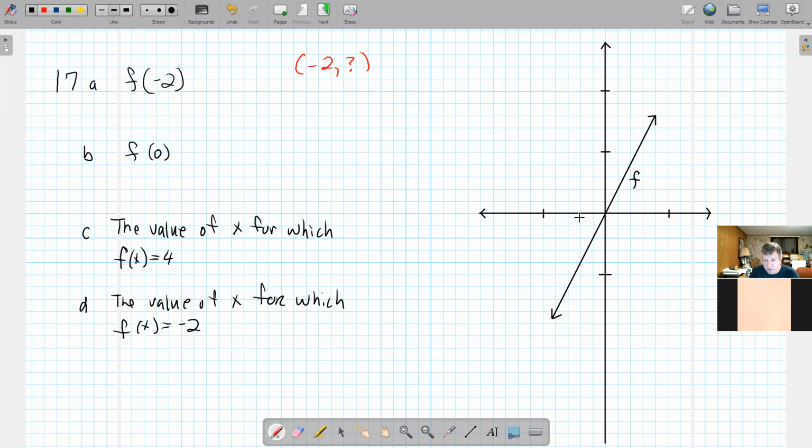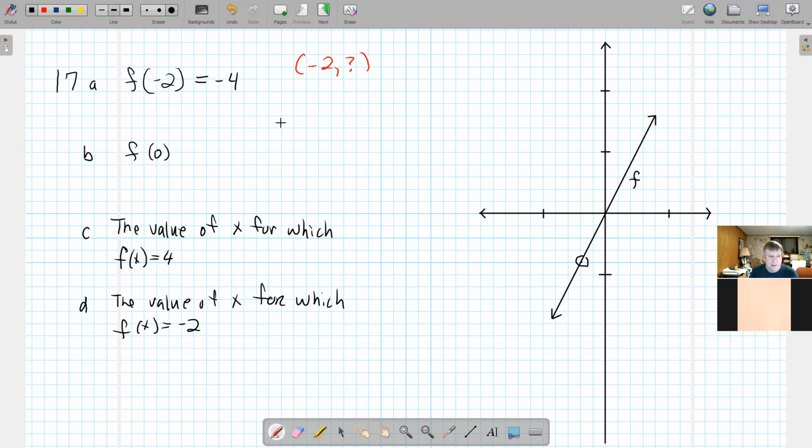Well, here's -2 for the x value. So right there would be the point that has an x value of -2. The corresponding y value is -4. So f of -2 equals -4. Any questions about what I just did there?